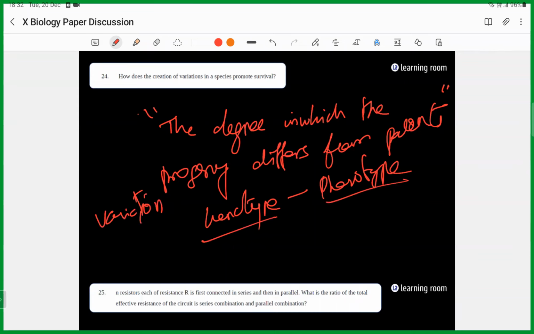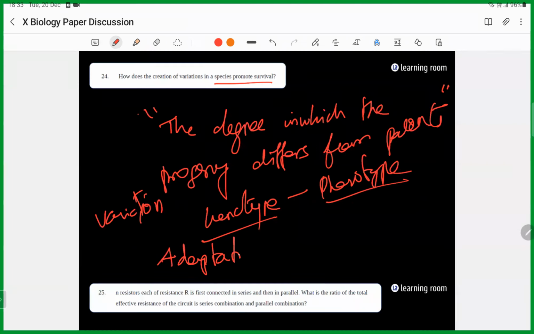Now, how is it going to support the survival of the organism? Variation leads to the expression of new characteristics, which might promote survival or might even destroy the species.